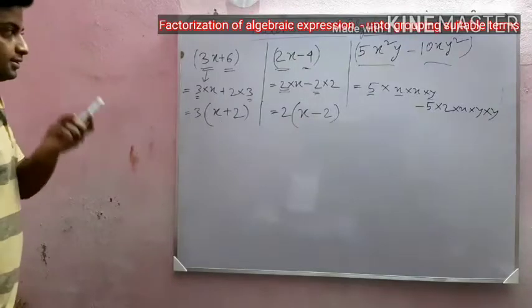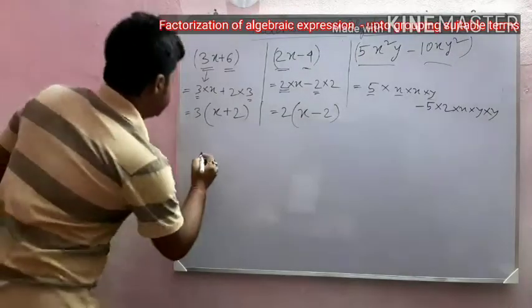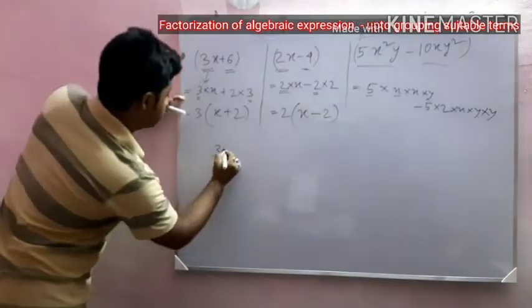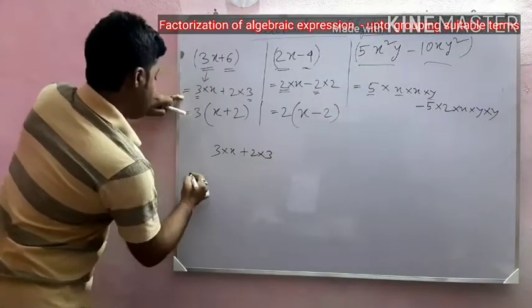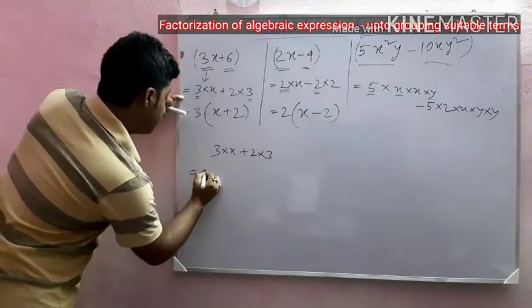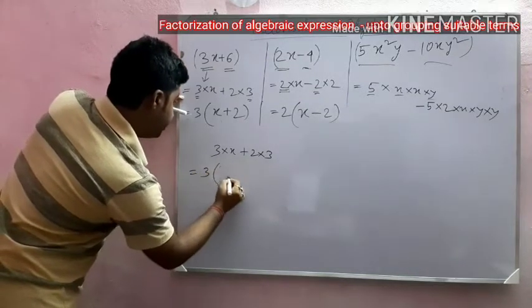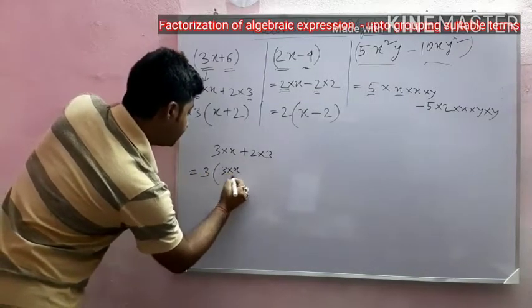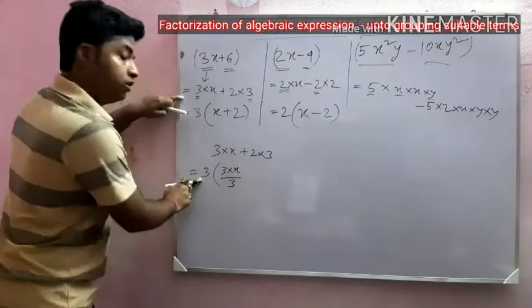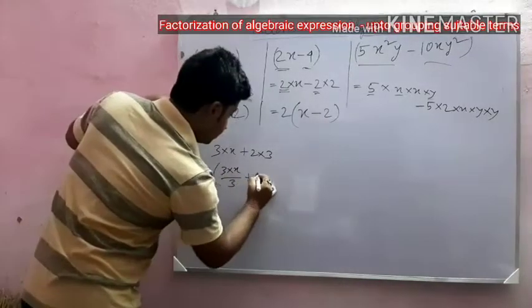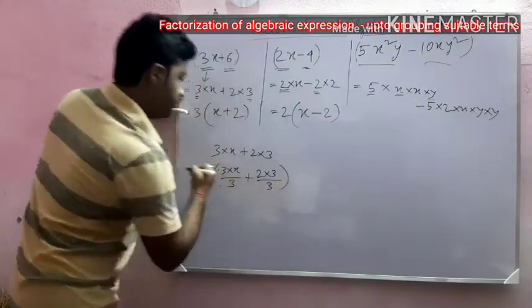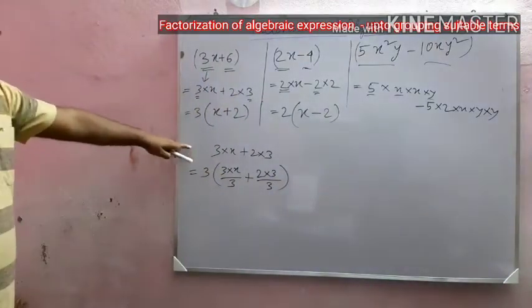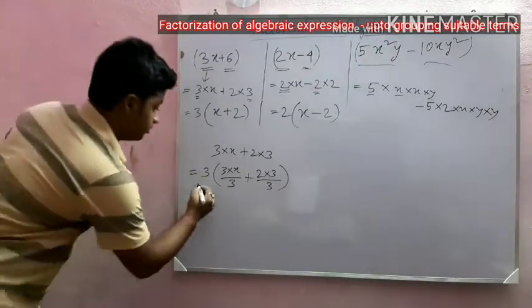Taking common factors out means, for this expression 3 into x plus 2 into 3, take the common term out and divide each term by the common term. Okay, in this way you can understand this better.